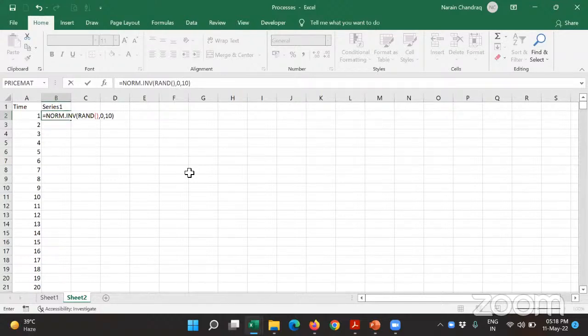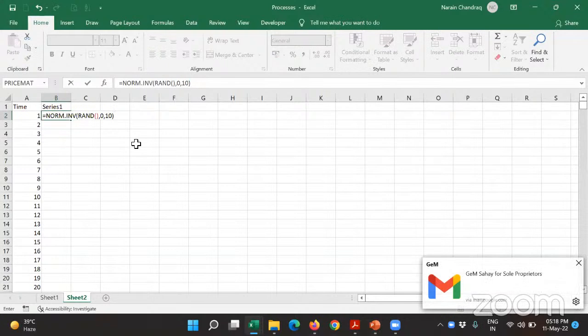In Excel, I'm simulating a certain data set. I'm generating a normally distributed variable using the function NORM.INV, so I'm generating a random variable following a 0 mean and 10 as the standard deviation.